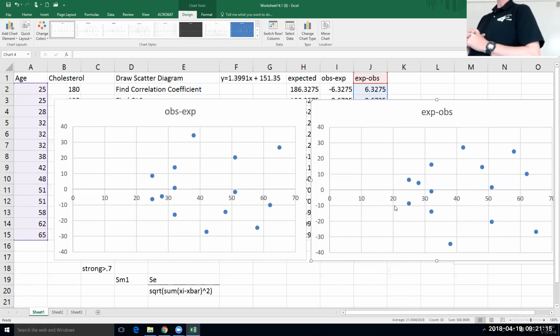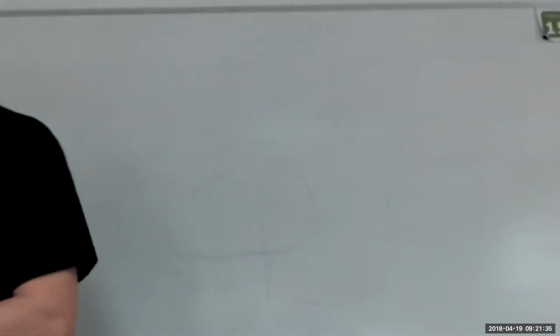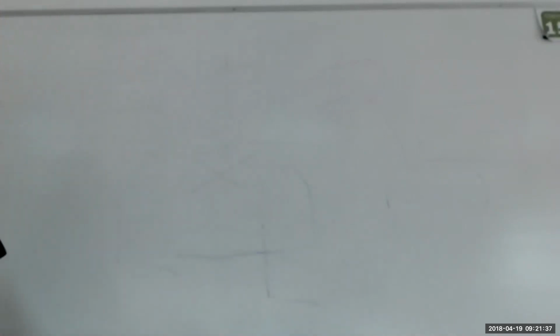What does a null plot indicate? Random error. Okay, very good. And we want to have, or I think the book uses the term constant error variance. Okay. Now let me give you an example here. And this is why I say it doesn't really matter whether you do the observed minus the expected or the expected minus the observed.